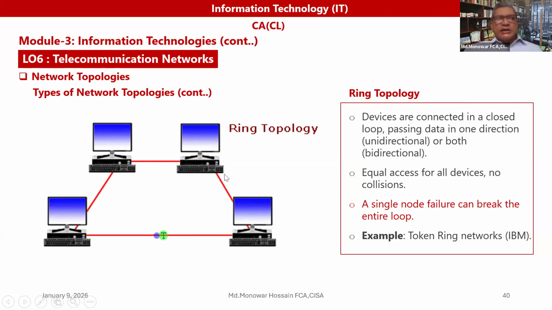That means data passes this way, each and every point interacts through a loop, with equal access for all devices. All devices have equal access. But one single node failure can break the entire loop, just like bus topology. So here is a ring topology.